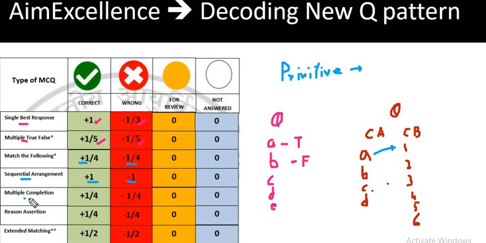Now the multiple completion. Again there will be 4 options, but here the associated option that will be given to you is whether A is only correct, B or C are correct, or A, B, C are going to be correct, or all of them are wrong.